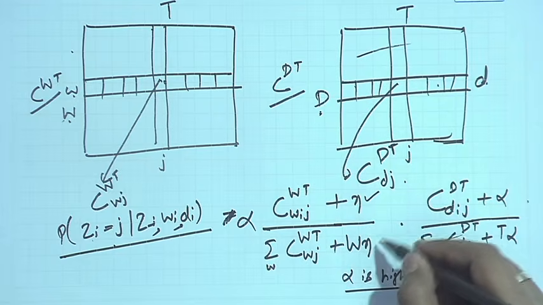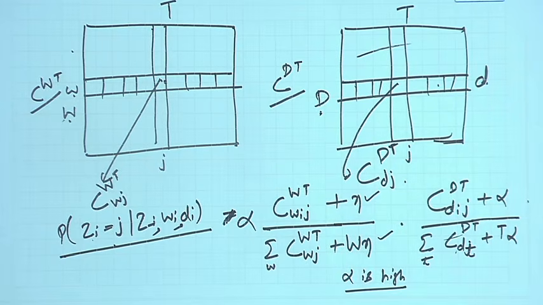Same thing you can do with eta. If eta is high, all the words will have equal probability of coming under the topic. If it is low, then certain distributions will be preferred. So this is the formulation for the probability that Zi is equal to j.